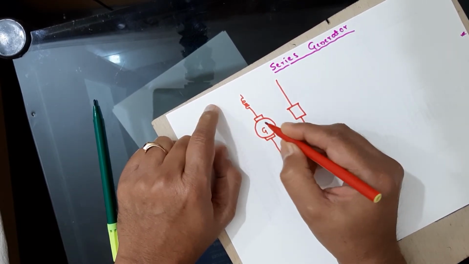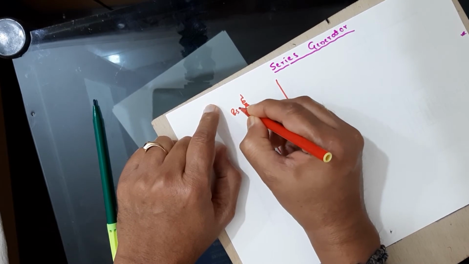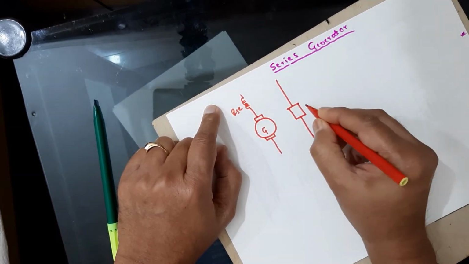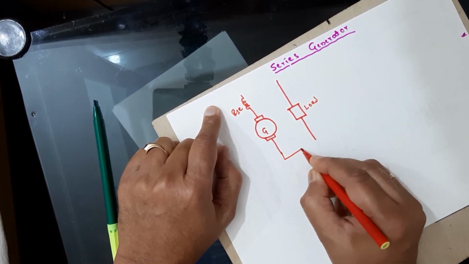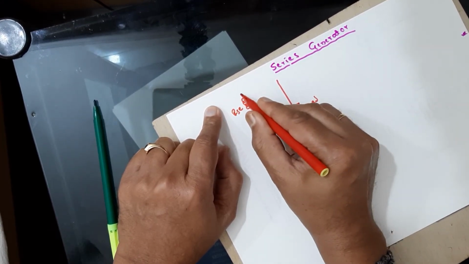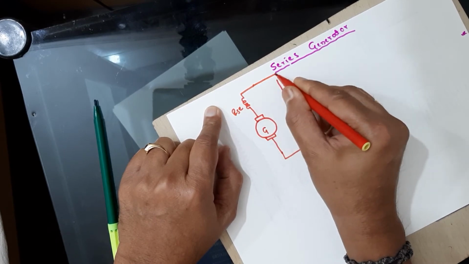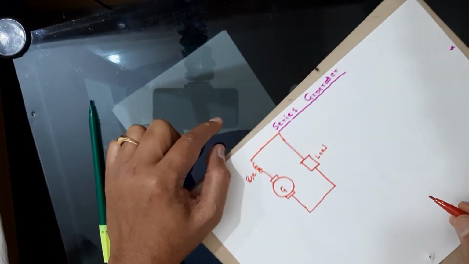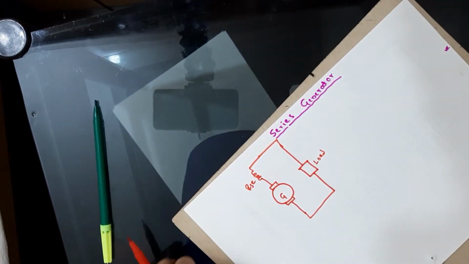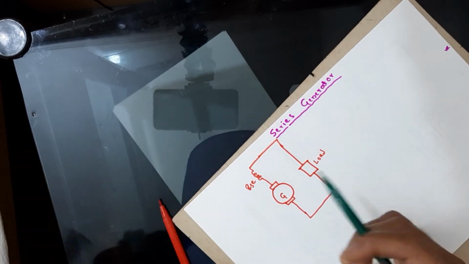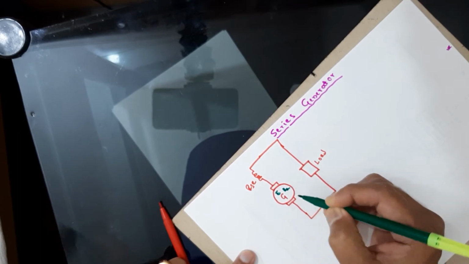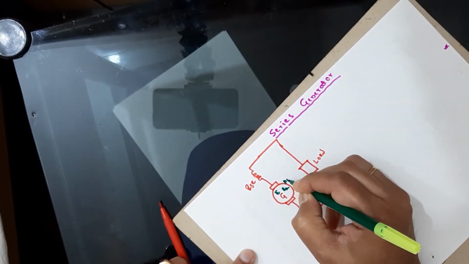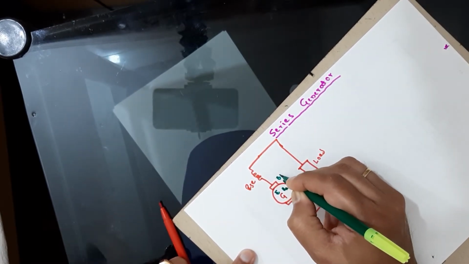It is a generator with a series field having a resistance of R series, and once again I am connecting a load to the series generator here. The generated voltage is E. It has the armature resistance, there is the effect of armature reaction, and there is a brush drop.